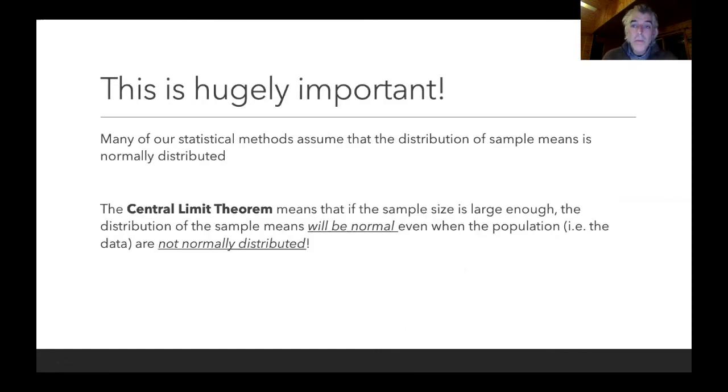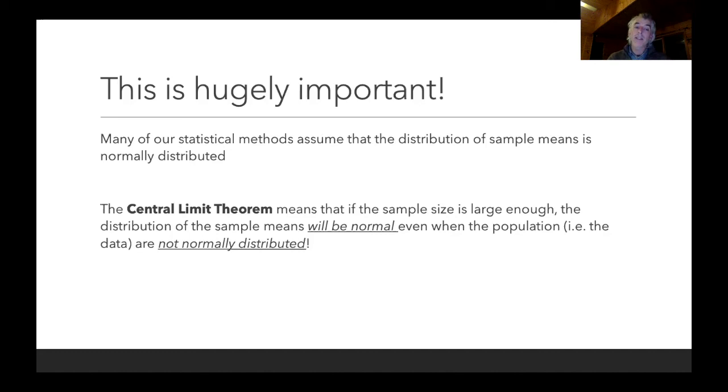And so it's really important to pause for a moment and think about this hugely important principle. Many of our statistical methods assume that the distribution of sampling means is normally distributed. But here we've just shown that even if the underlying data are not normally distributed, the sampling means themselves will be normally distributed as long as the samples are drawn randomly and the sample size is reasonably large.